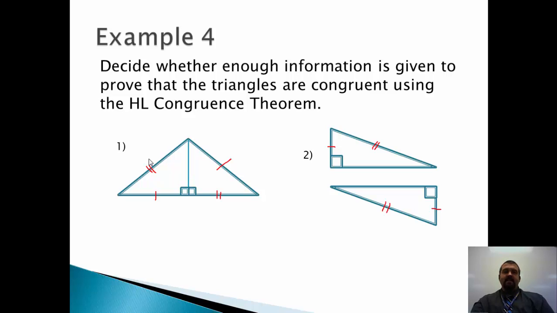The reason is because it's not the corresponding part. I have the hypotenuse of one triangle congruent to the leg of another, and I have the leg of a triangle congruent to the hypotenuse. No, the corresponding parts of the triangle do not match up. In fact, this scenario is impossible. These two triangles cannot be shown to be congruent. In fact, they can't even be possible. But yeah, there you go.